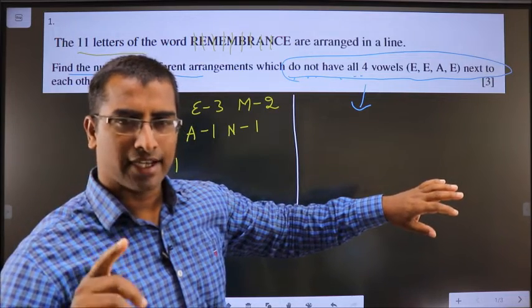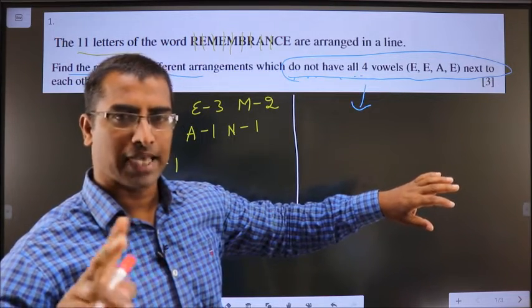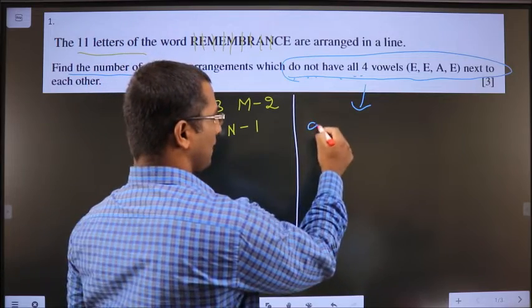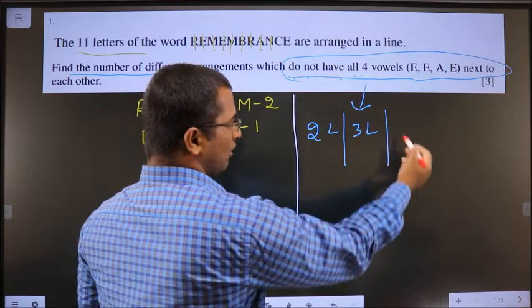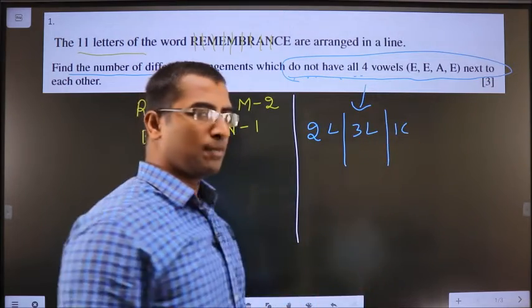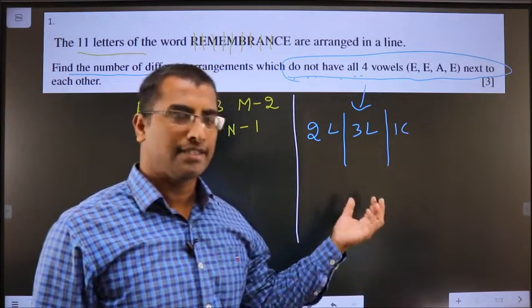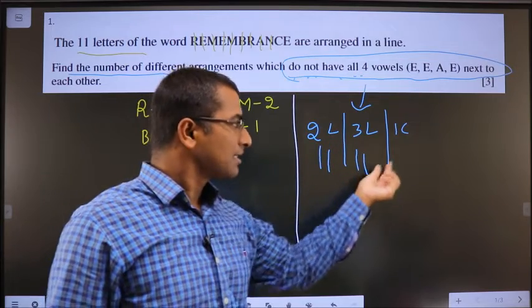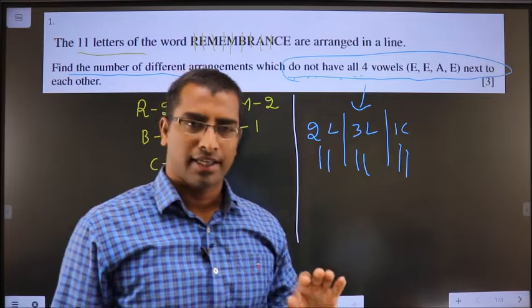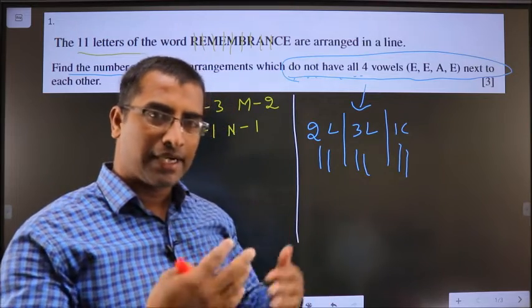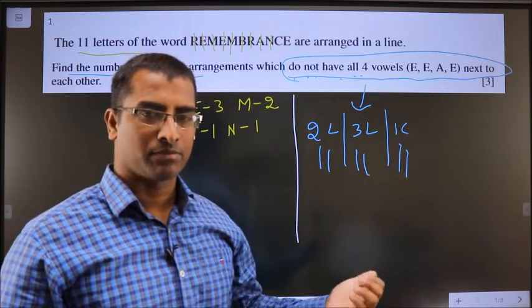That means 2 of them can be next to each other, or 3 of them can be next to each other, or each individually can also be present. All these options satisfy the given statement. Clear? You should interpret the statement in this way.